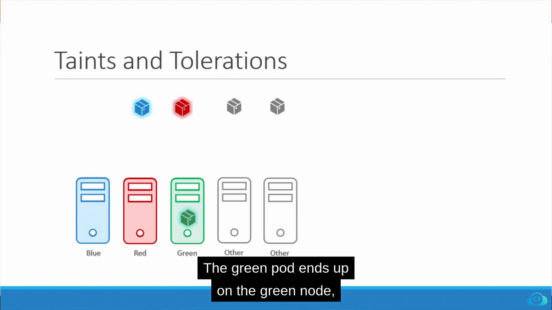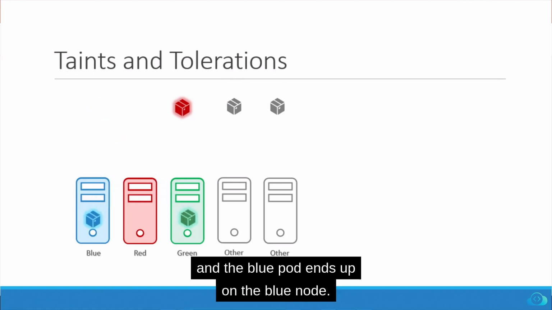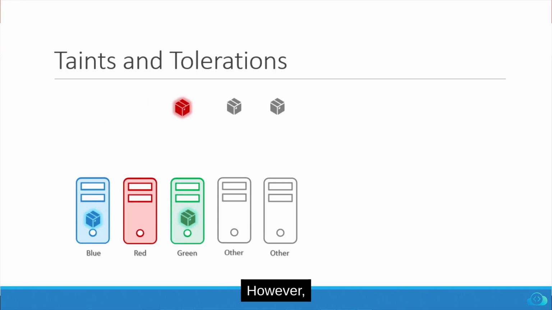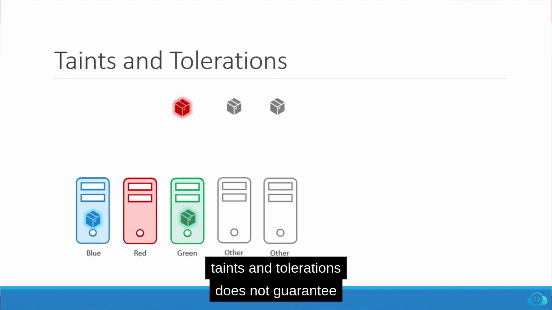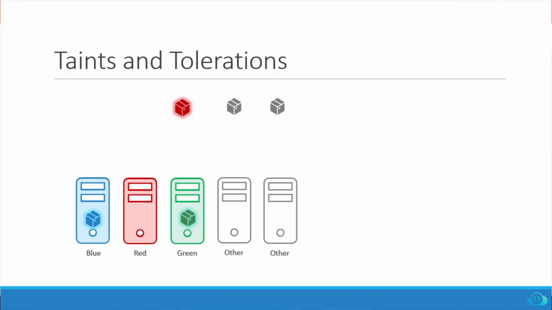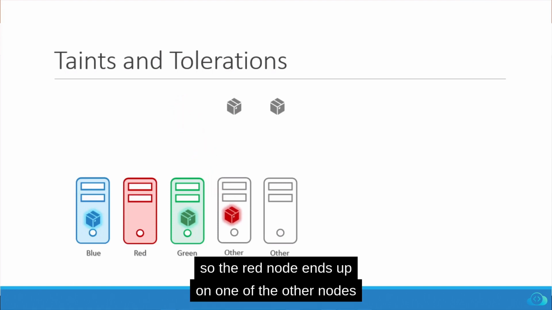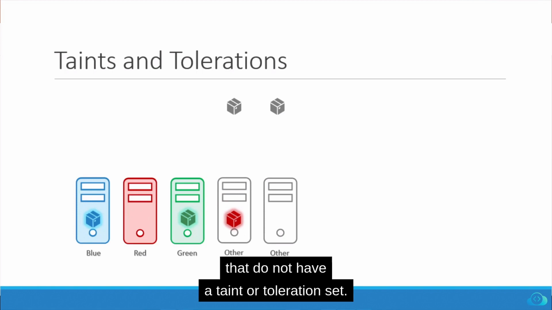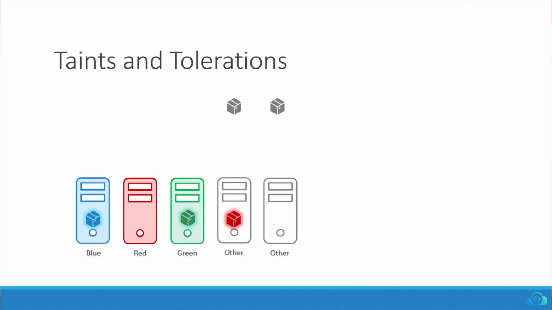So the green pod ends up on the green node and the blue pod ends up on the blue node. However, taints and tolerations does not guarantee that the pods will only prefer these nodes. So the red pod ends up on one of the other nodes that do not have a taint or toleration set. This is not desired.